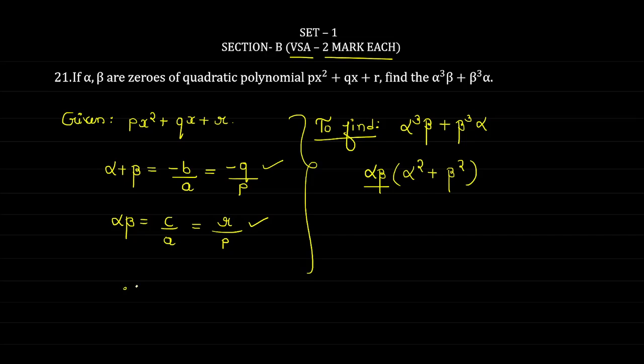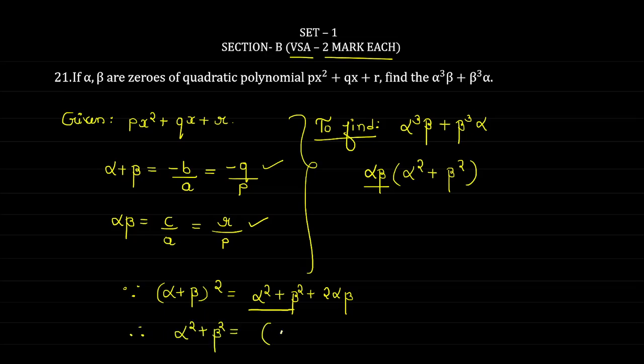We know this algebraic identity: alpha plus beta whole square, that is, a plus b whole square, equals a square plus b square plus twice of ab. This can be expanded like this. Now I have to calculate this. That means this can be calculated as alpha square plus beta square equals alpha plus beta whole square minus 2 alpha beta.